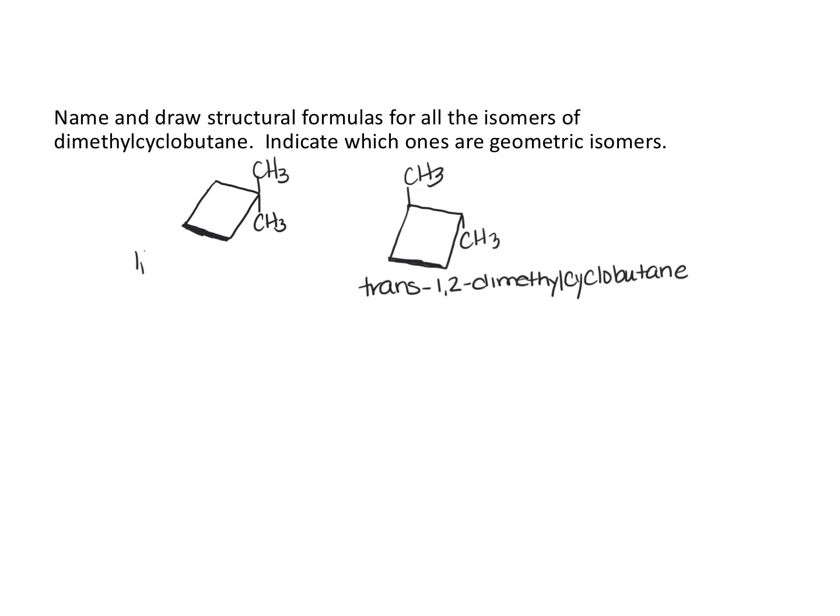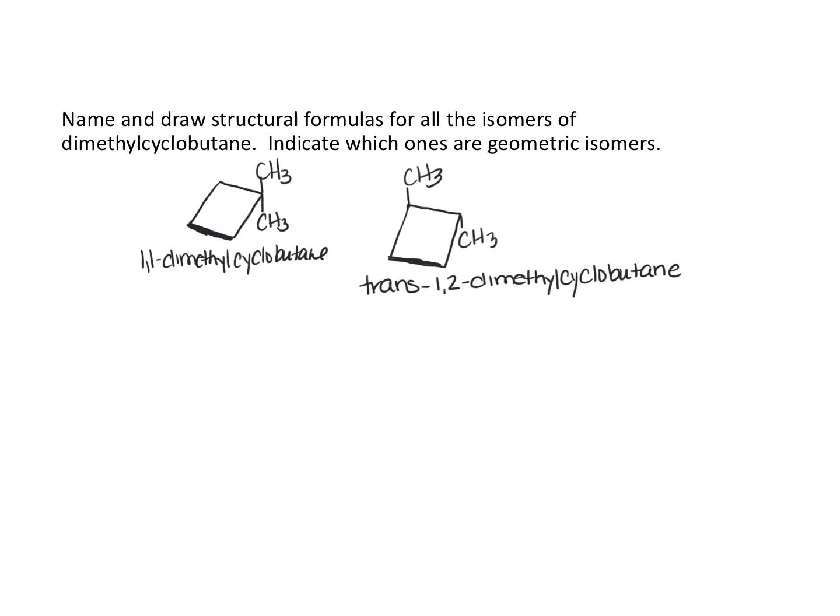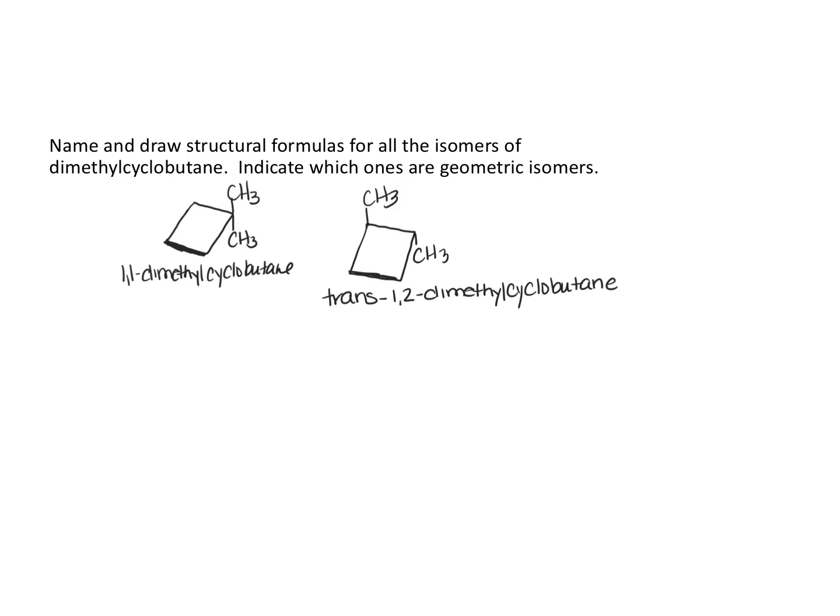The 1,1-dimethyl doesn't have a cis or a trans because they're on the same carbon. So if they're on different carbons, that's what we're talking about here. So we have trans 1,2. This means that we can also have cis.